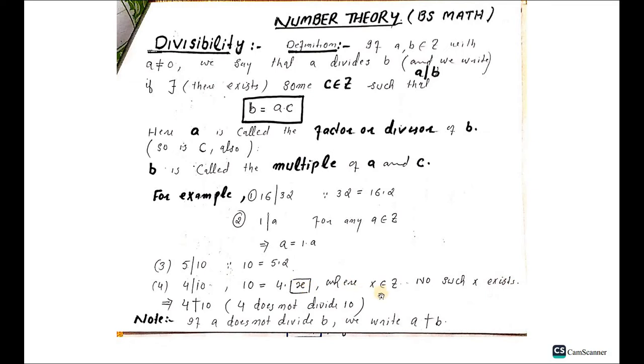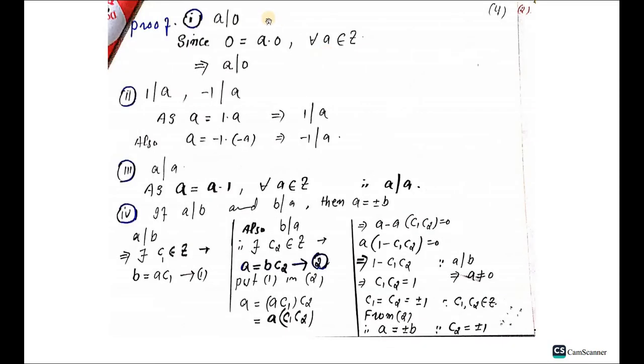Here this x belongs to Z. If a does not divide b, we write a does not divide b. This is the first part of the theorem.